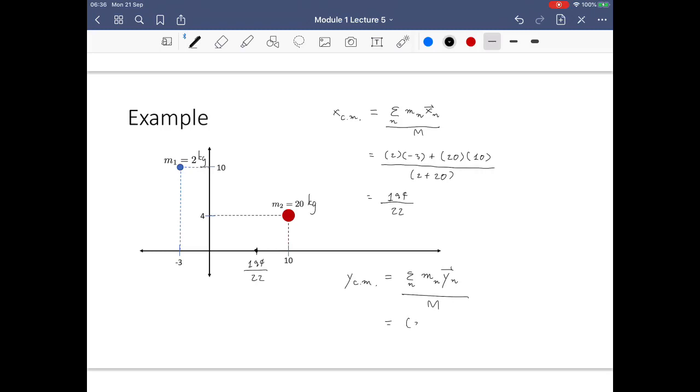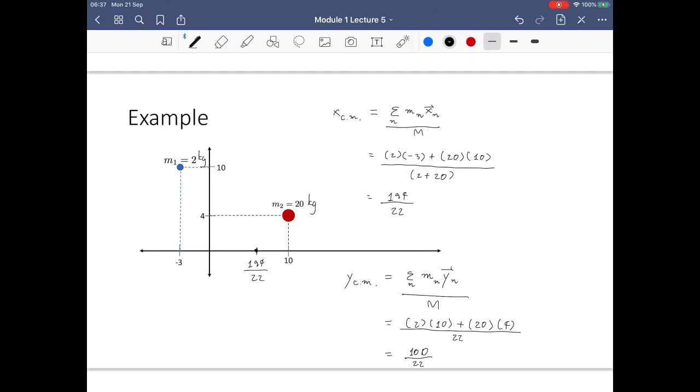That would be 2, the mass of the blue one, multiplied by 10, plus 20 multiplied by 4, over the whole mass, which is 22. So that is going to be 100 actually, right? 20 plus 80, over 22.